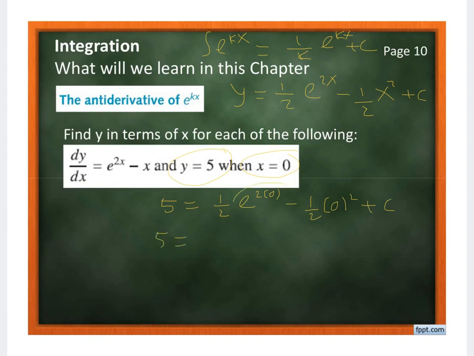Remember, anything to the 0 power equals 1. So 1 over 2 times 1, plus c equals 5, 1/2 plus c equals 5, 5 minus 1/2 equals c.